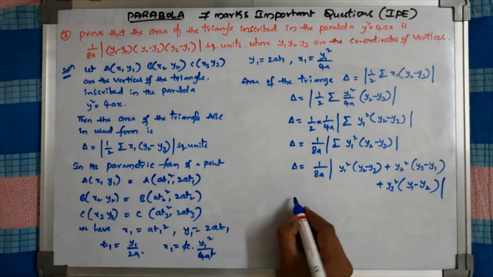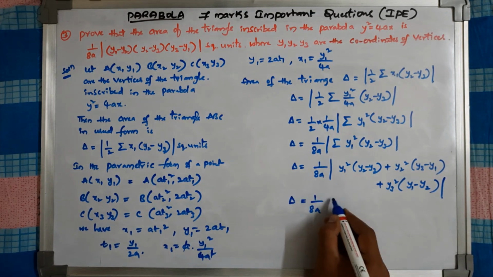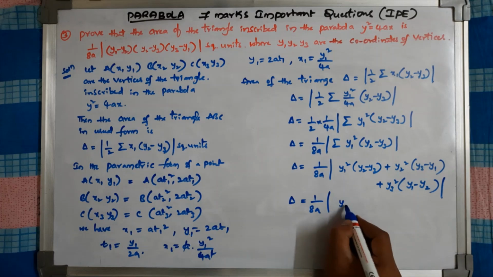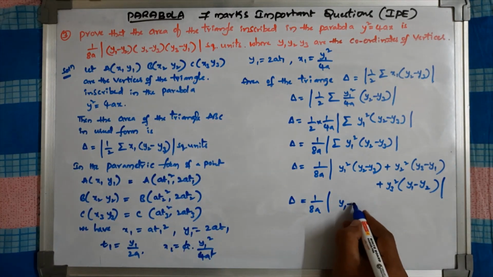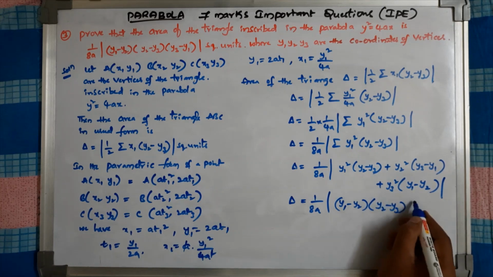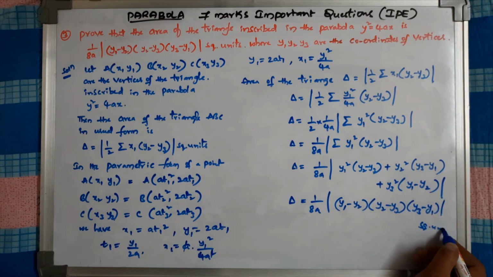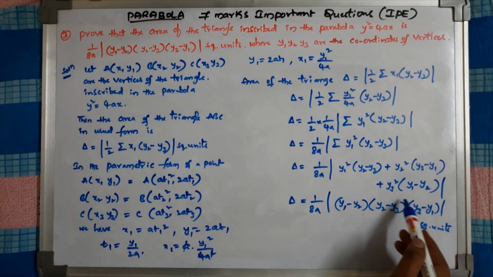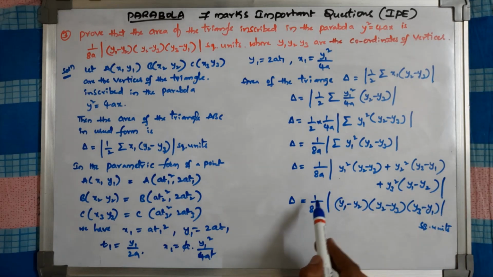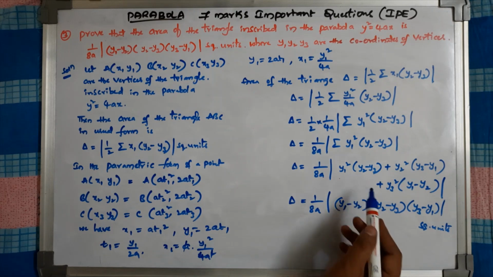You can directly write the area of the triangle is 1 by 8a modulus (y1 minus y2)(y2 minus y3)(y3 minus y1) square units. If you multiply all these three you get this. Now we get the answer. We will check whether if you multiply this one you get this or not.